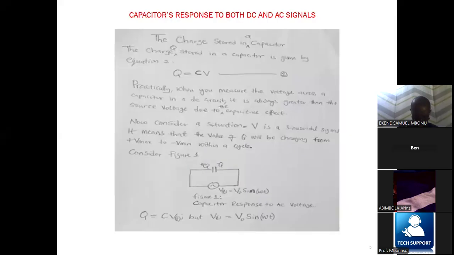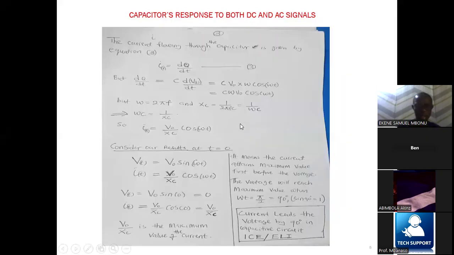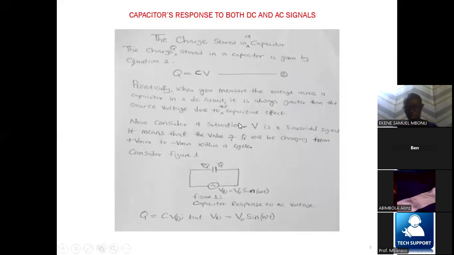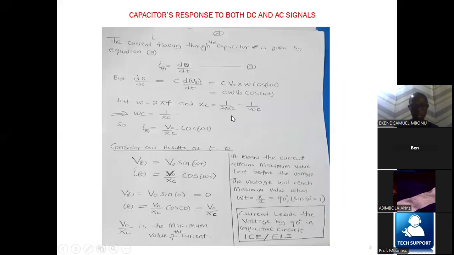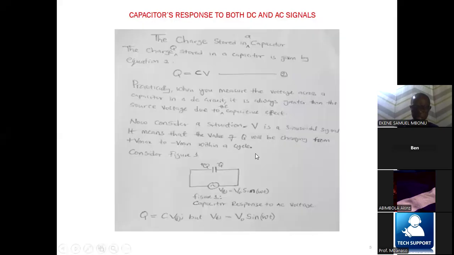If we substitute V(t) equal to V0 sine wt, where V0 is the maximum voltage, we're going to have this.